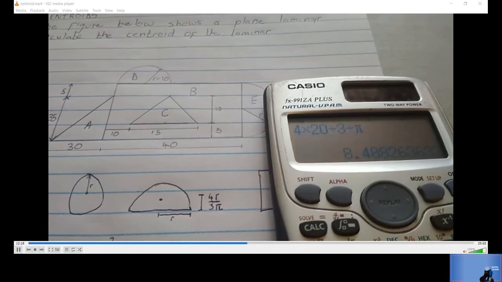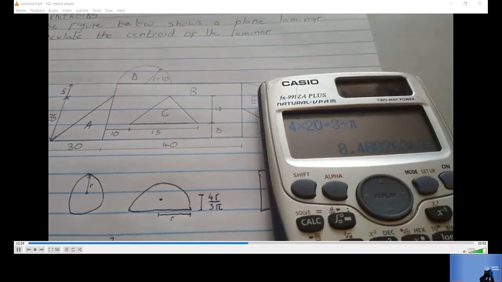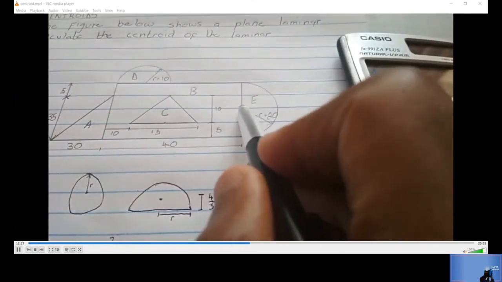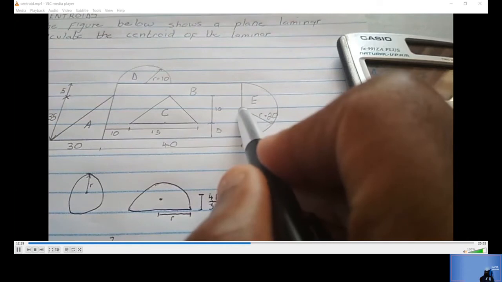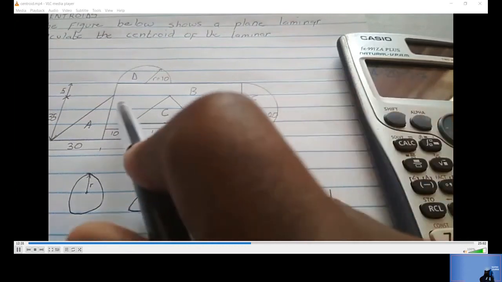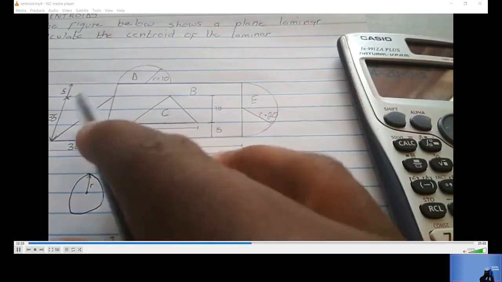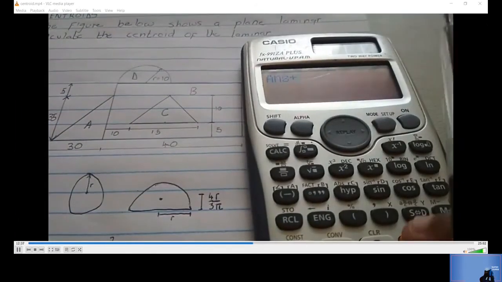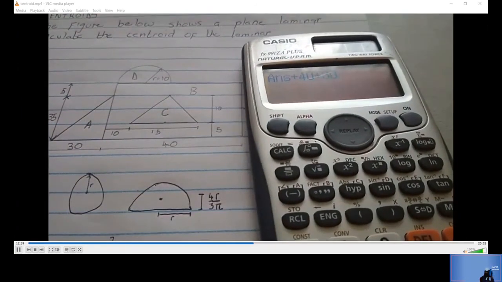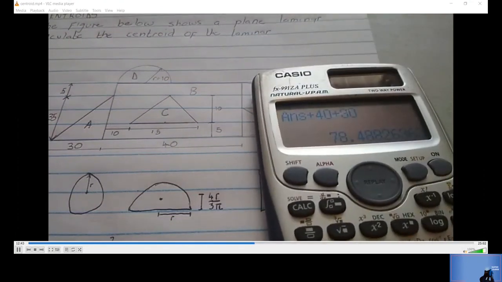And that's equal to 8.48. But that's just that distance from there to there. To take us back to the datum, we need to add this entire 40 plus that 30. So on this answer, we're going to say plus 40 plus 30. That gives us 78.84. Take that 78.84.